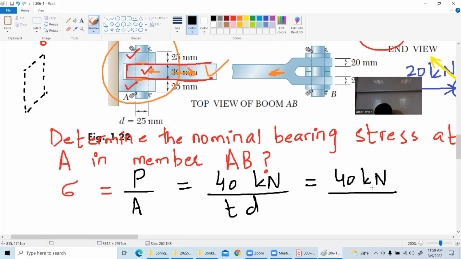That is 30. So for students who are asking how we figured it out, that's 30, multiplied by the pin, which is 25 millimeter in diameter. So that's 25. So you can all find the answers. Now I have to come up with an explanation. 53.3 megapascals.